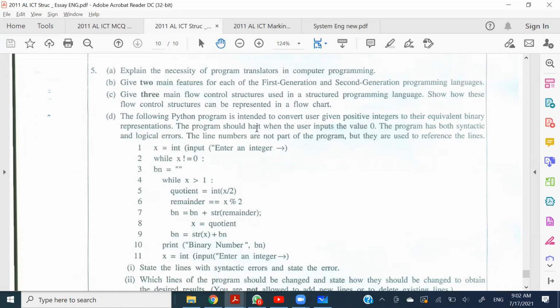Right? So in this context we are talking about both compiler and interpreter, right?